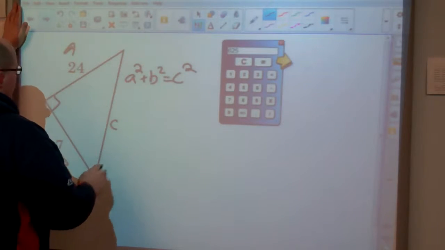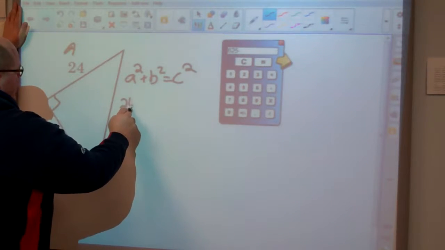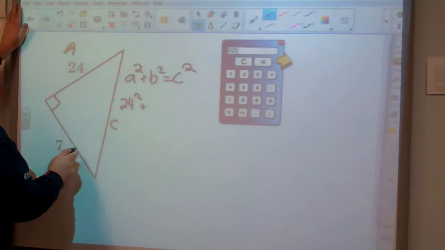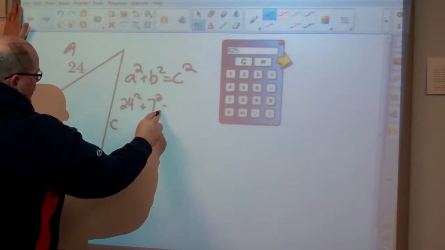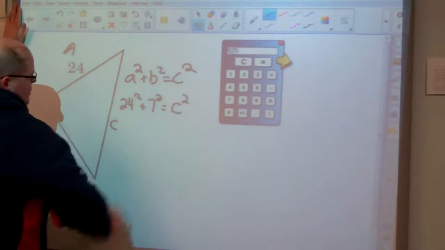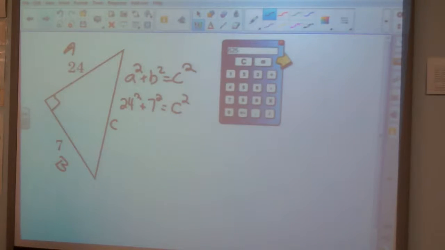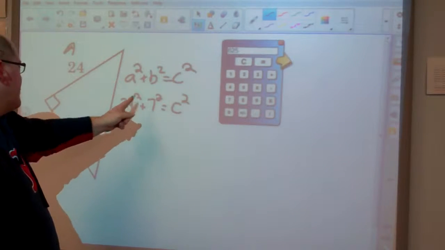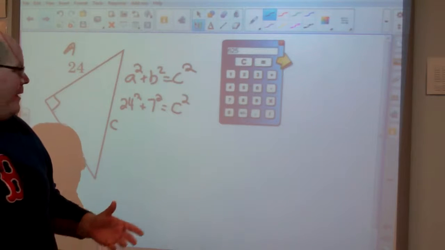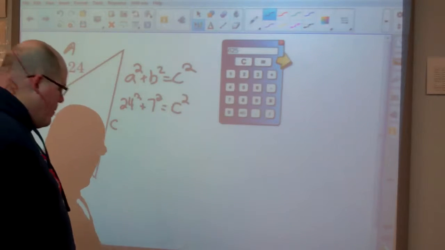This is unknown. So 24 squared plus 7 squared equals c squared. I don't know what my c is. To find that, I need to square these two and add them together to find c squared.